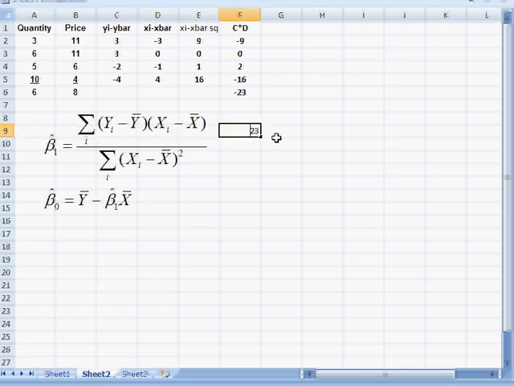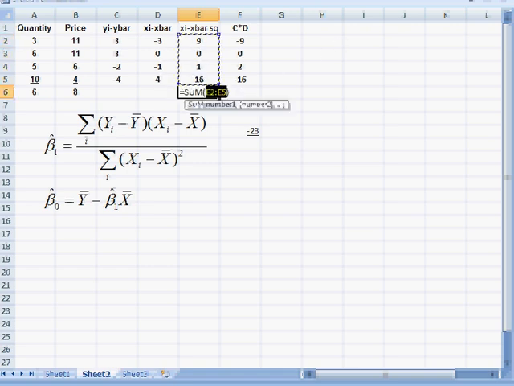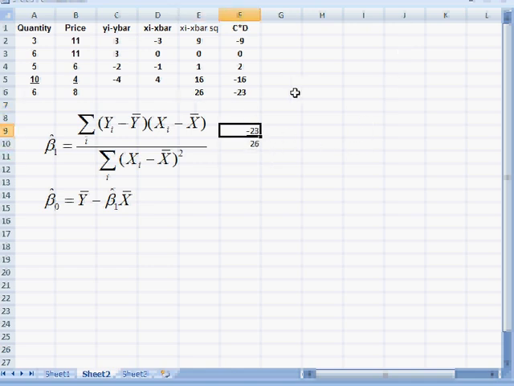So minus 23. Now the bottom part of that formula, take each x, subtract the mean, square it, and then add them up. Okay, well, we've taken each x, subtracted the mean, we squared them right here, and now we just need to add them up. And we get 26. So we have negative 23 divided by 26.